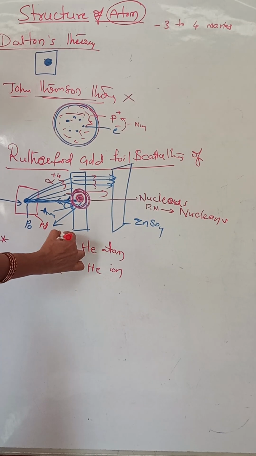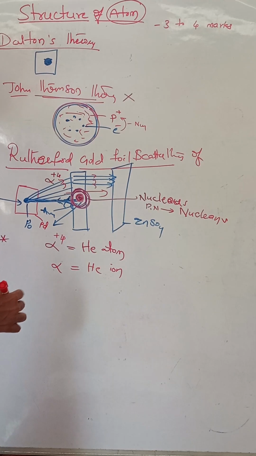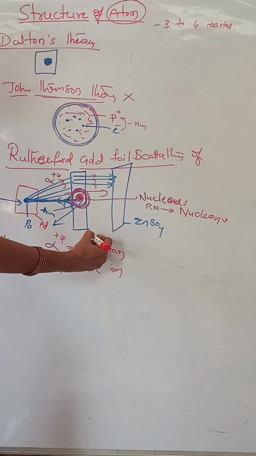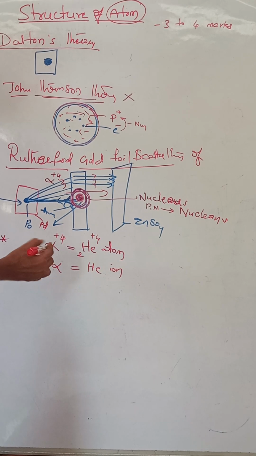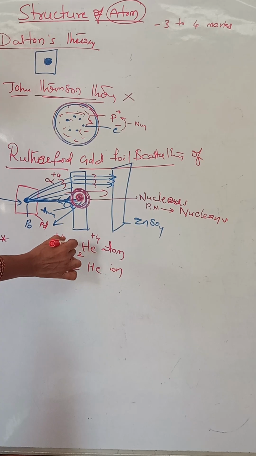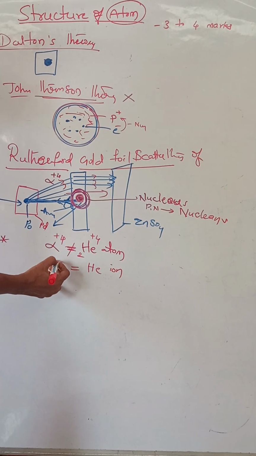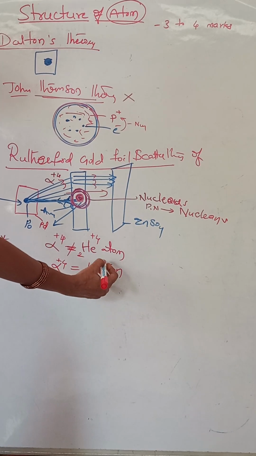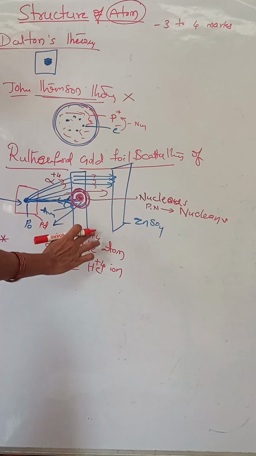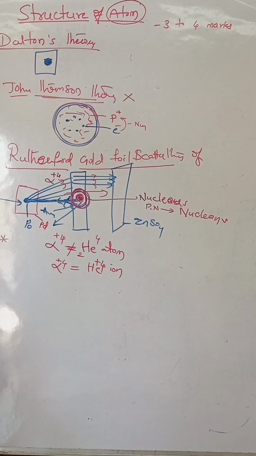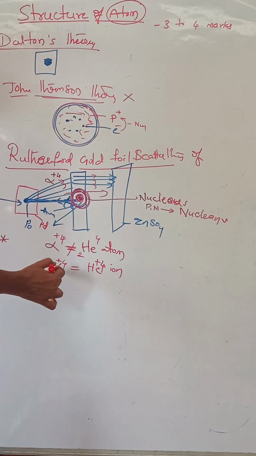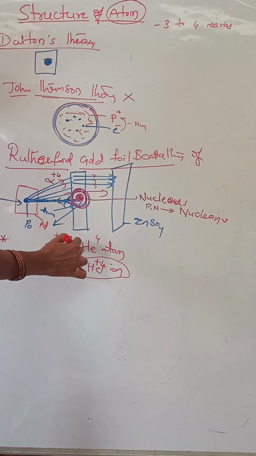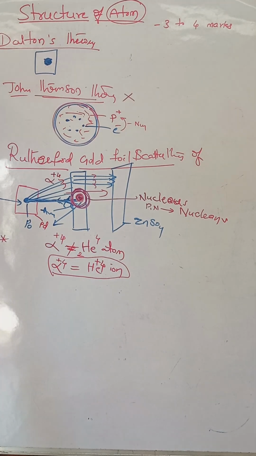Alpha rays are positively charged. A helium atom is neutral, so that is not correct. A helium ion has lost 2 electrons, that means positive charge. So alpha rays are equal to the helium ion, but not equal to the helium atom.